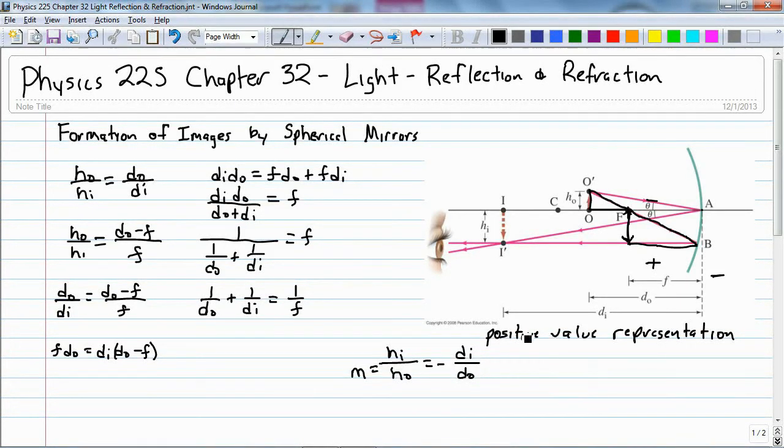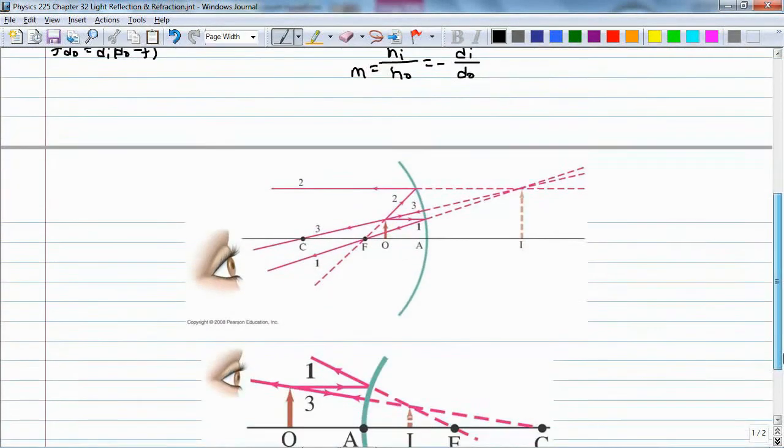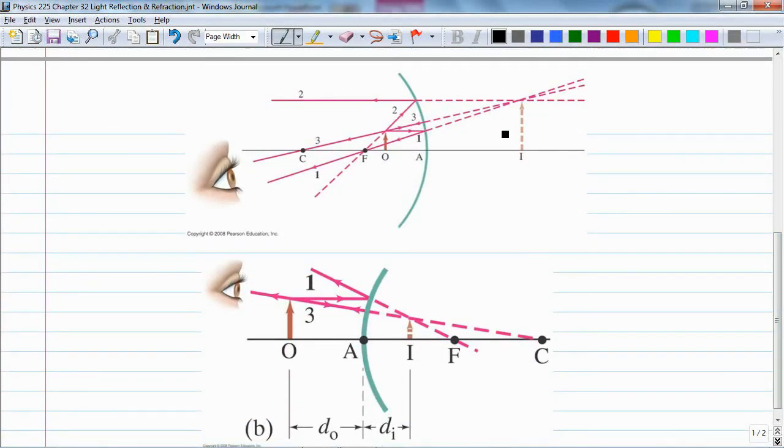Now remember, this is our positive value representation. We can use this equation without any changes with virtual images that occur behind the spherical mirror.